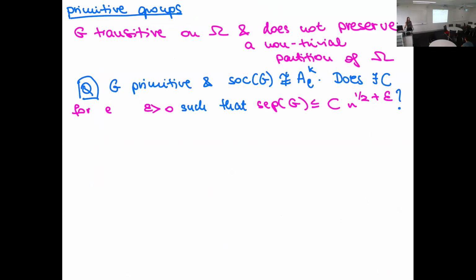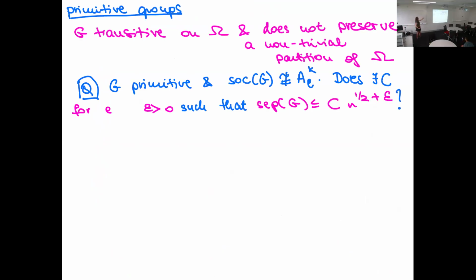And in this case, we have this question: if G is primitive and not the alternating or symmetric group, which is just there because S_n has this weird natural action where the separability number is very large, so we have to rule that out.